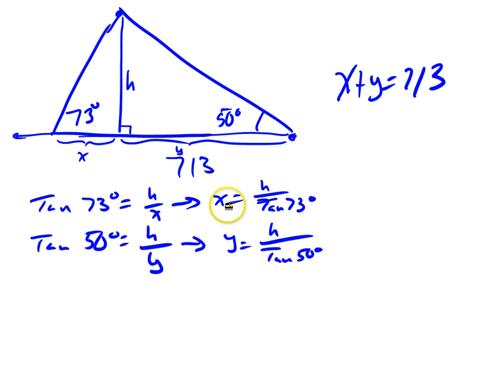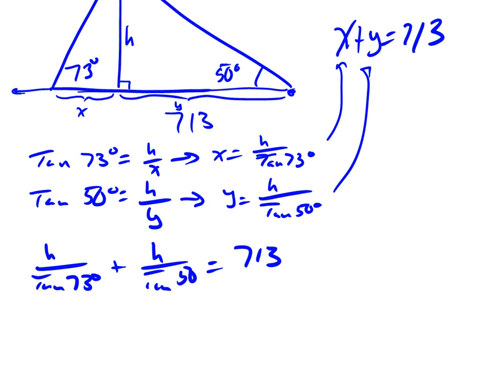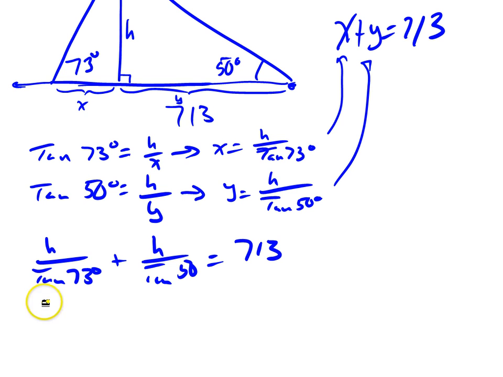So, plugging X and Y in here, I've got that H divided by the tangent of 73 degrees plus H divided by the tangent of 50 degrees equals 713. So then I can solve for H. I'm going to factor out an H here and then divide by that stuff.